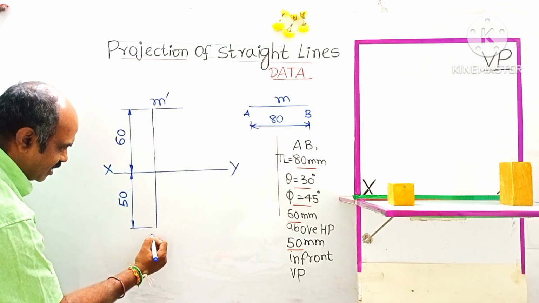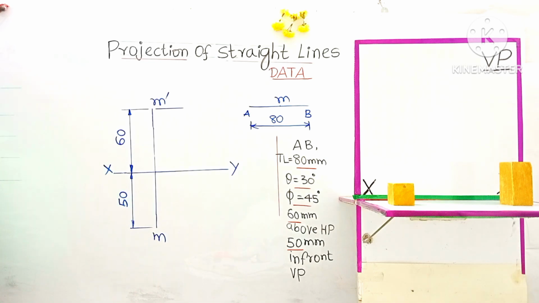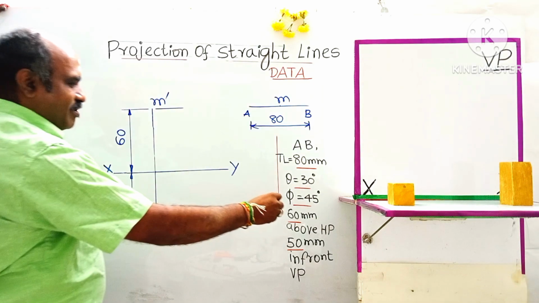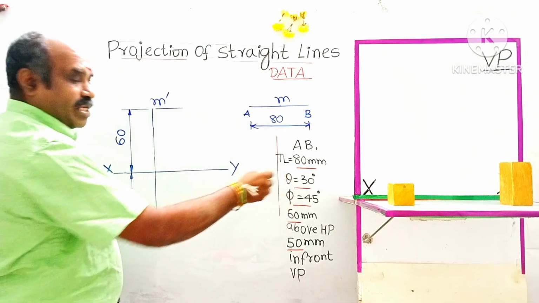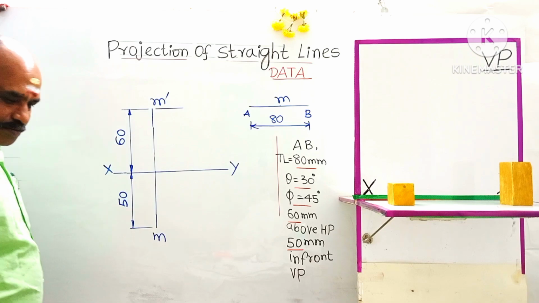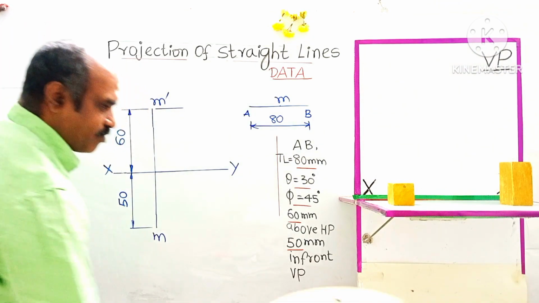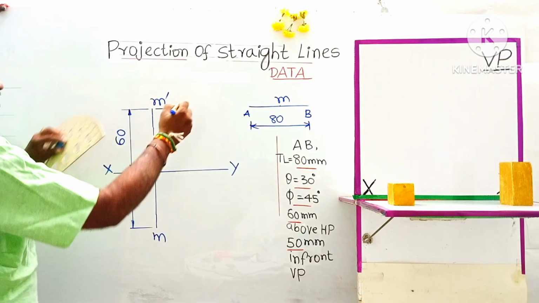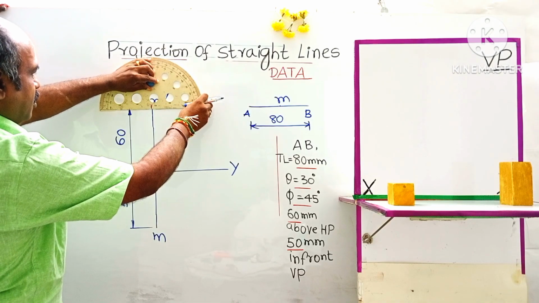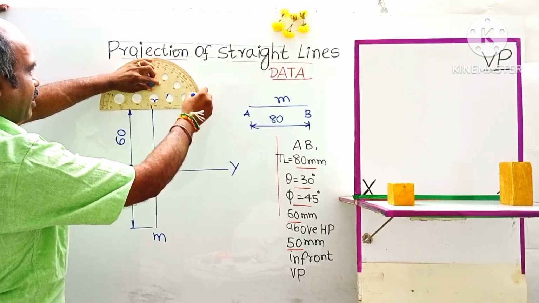This is the location of point M, the center of the straight line AB. Similarly, this will be marked as M. Next, theta is given as 30 degrees. So with this center as the center, take a protractor. With this horizontal as reference, mark an angle of 30 degrees, reading upward 0, 10, 20.